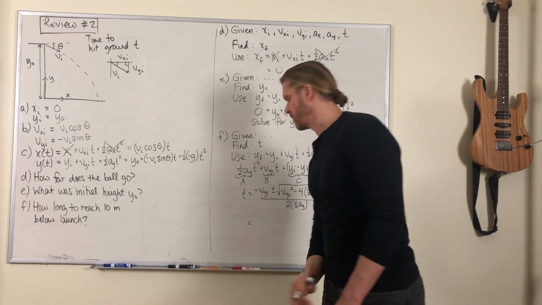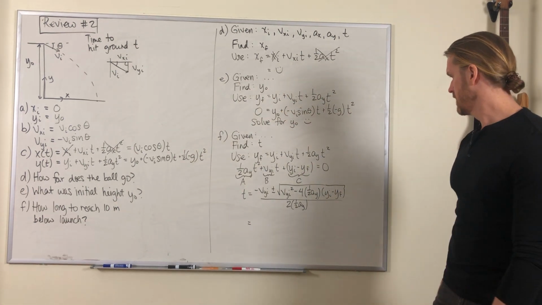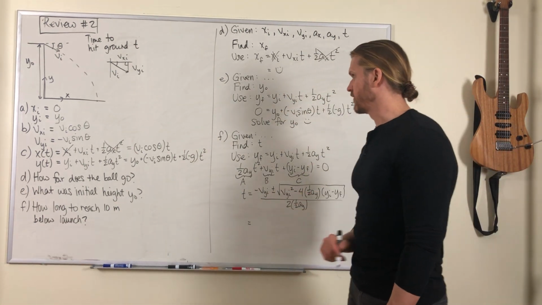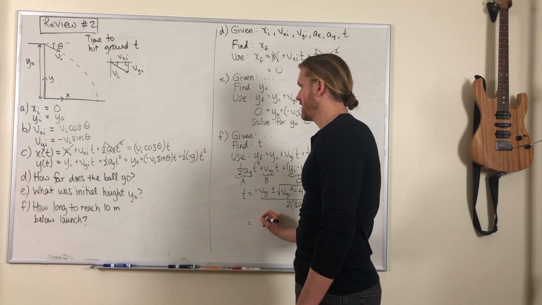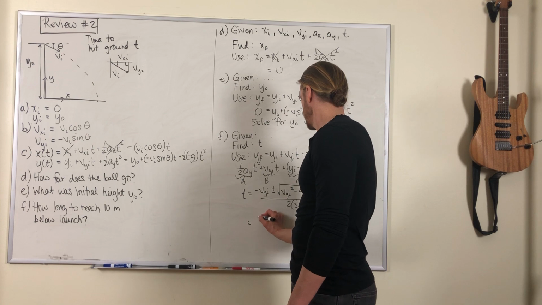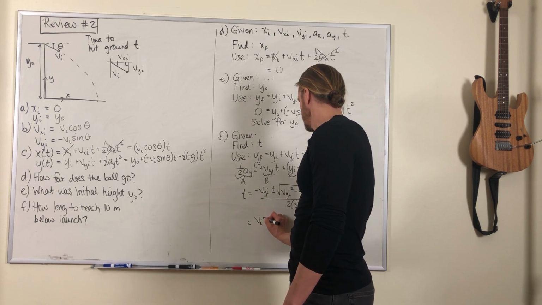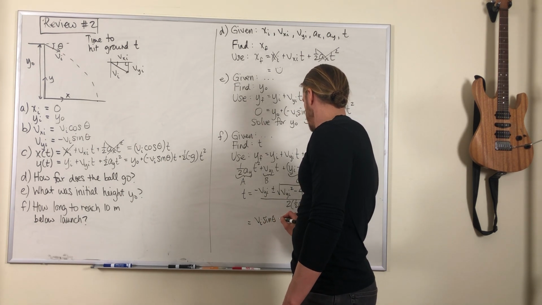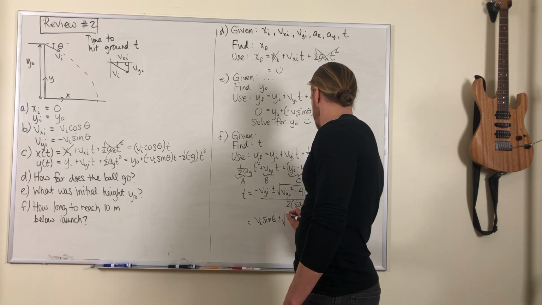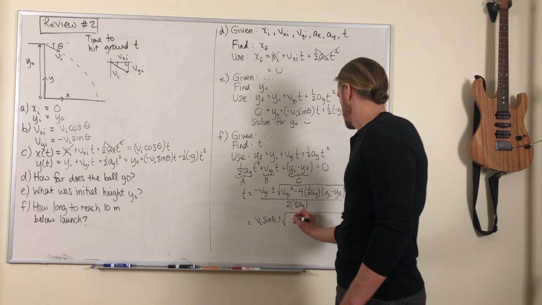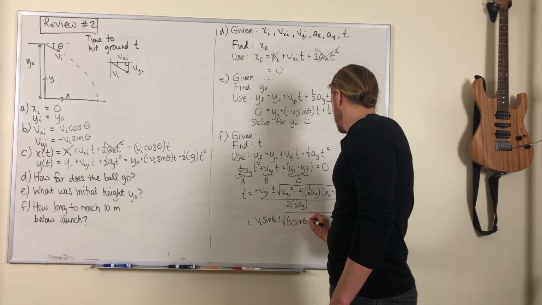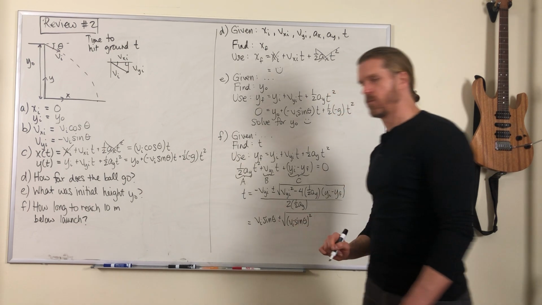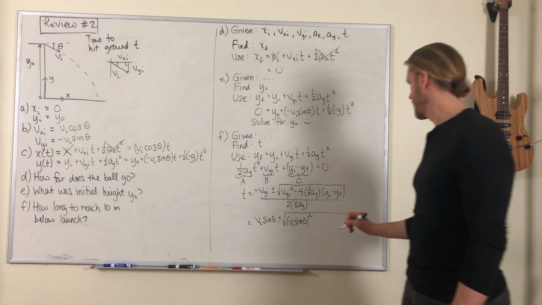And now, just to make things look extra horrible, I'll put in the expressions for each of those. Vy initial was negative V initial sine theta, so that is V initial sine theta. There it is again. Because this is squared, that minus sign doesn't matter.